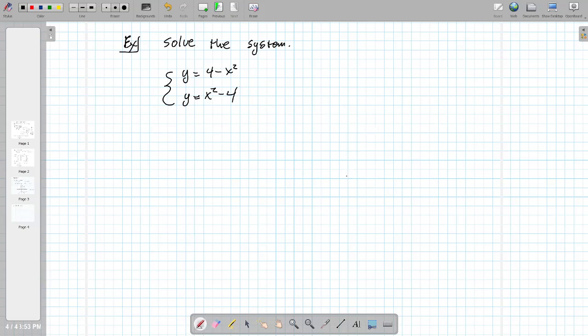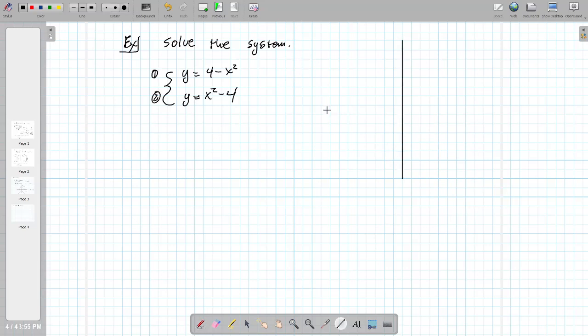I.e., if we had something that looked like this, or maybe like this, you could have 2 solutions, 1 solution, and if they completely overlap, then you can have infinitely many solutions. Or you can have no solution, where you have something like this. Now in our case, we're going to actually have 2 solutions.